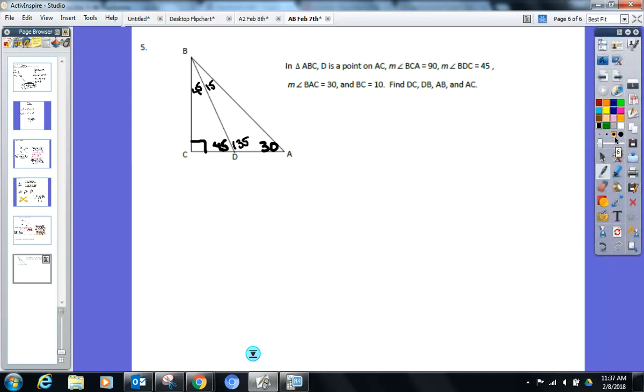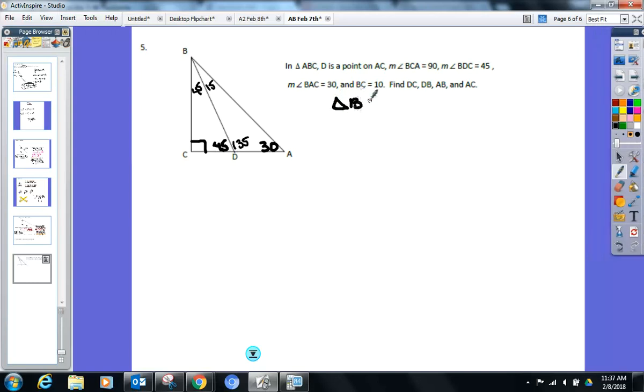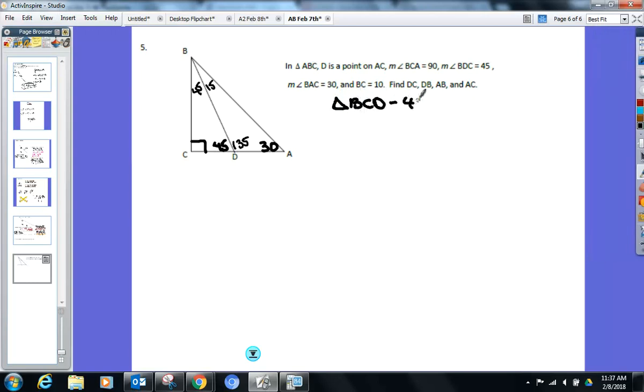Okay, my next question. How many of you see a 45, 45, 90 triangle in my diagram? Hugh, name it. Triangle BCD, and I'm just writing this down so we remember, 45, 45, 90.